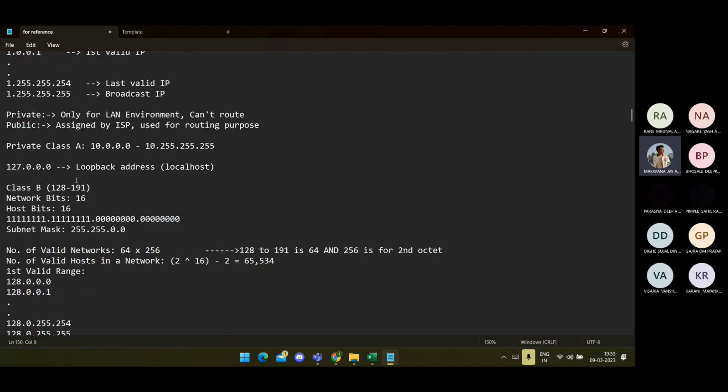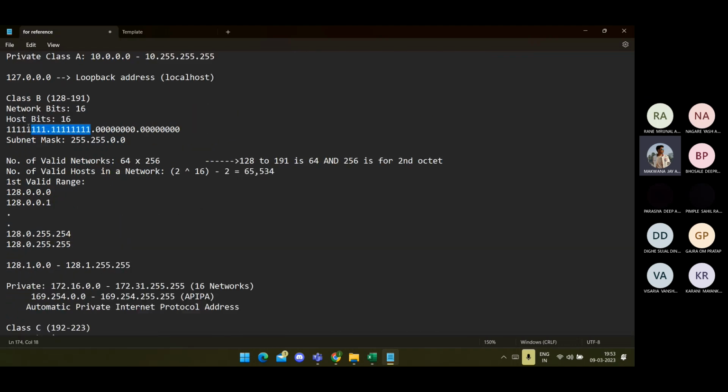But in class B, we have two octets for network bits. So the range of the first octet is 128 to 191, right?